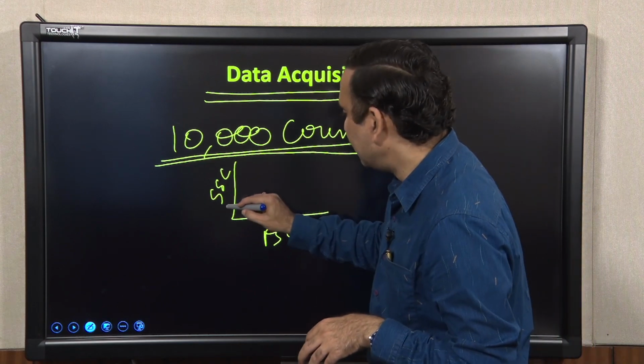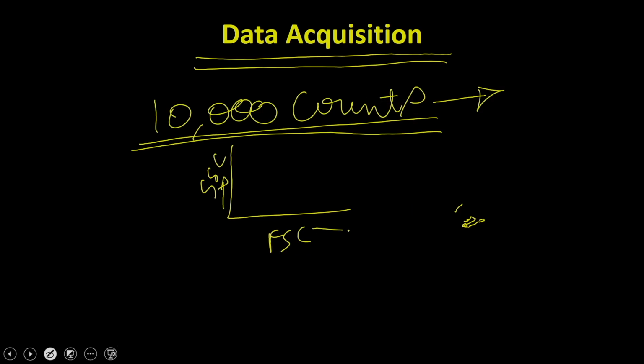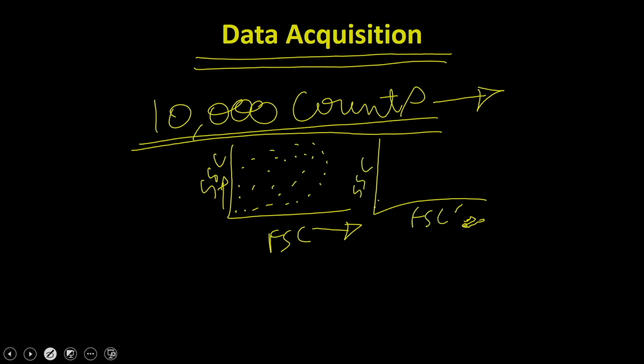If you do the SSC versus FSC dot plot, the two color dot plot, it is going to give you the pattern of the sample. Suppose this is the pattern. You can have two conditions: in one condition I am getting this kind of pattern, or in the other condition you are getting a pattern like this. So, there is no distribution here, or suppose this is like this.